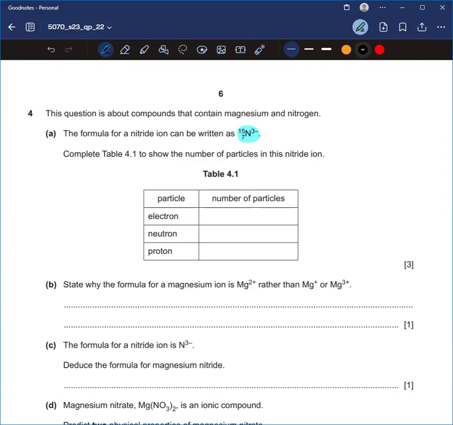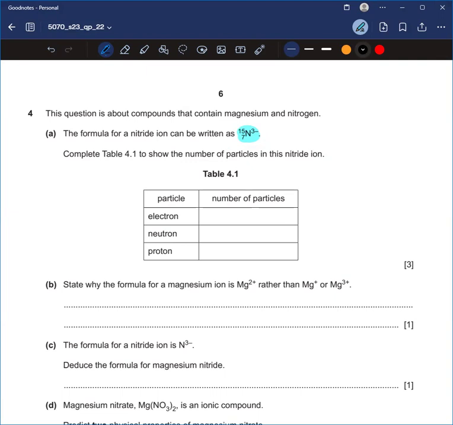You should be very conscious about it: if there is a negative sign, we add the electrons. But if it's a positive sign, we subtract it from the proton number. Let me give you an example.